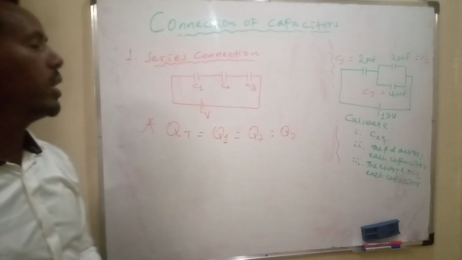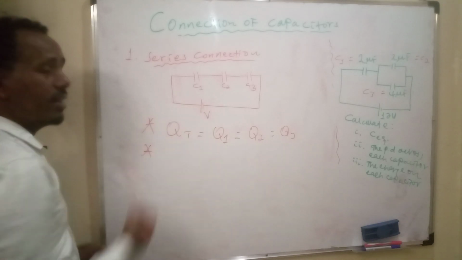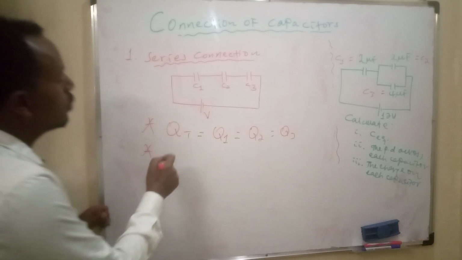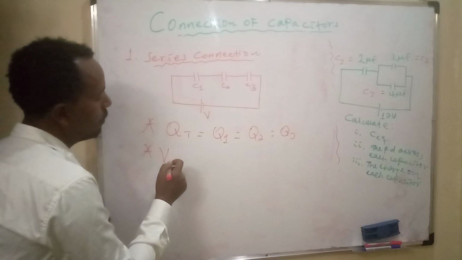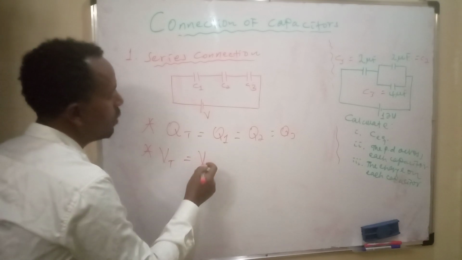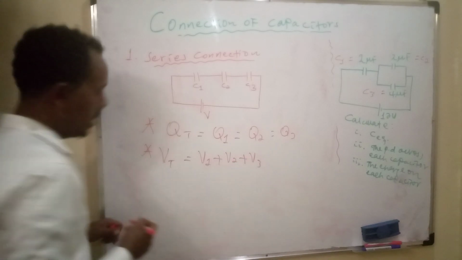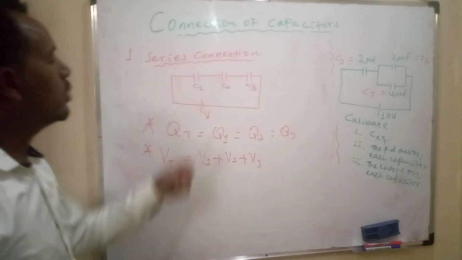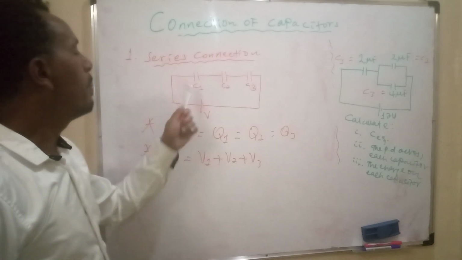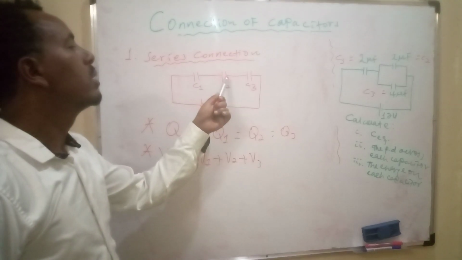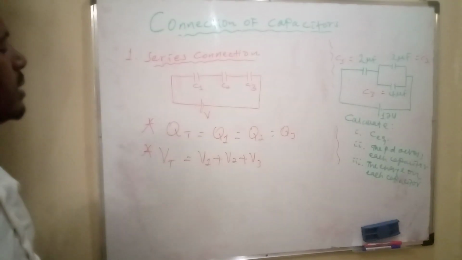Next, when capacitors are connected in series, the total voltage delivered to the circuit, let's say V total, is equal to V1 plus V2 plus V3. The total voltage delivered to the circuit is equal to V1 on capacitor 1, plus V2 voltage on capacitor 2, plus V3 voltage on capacitor 3.